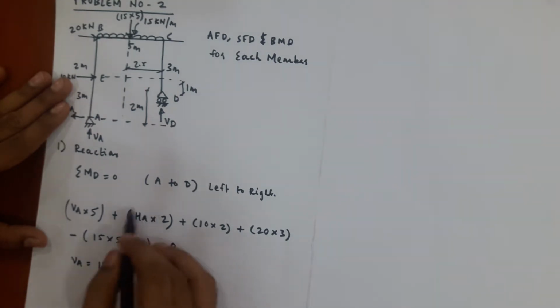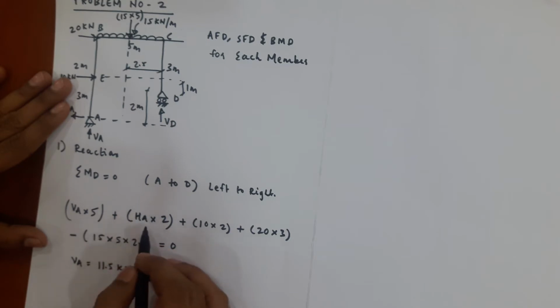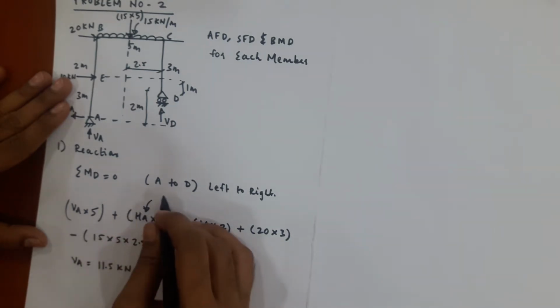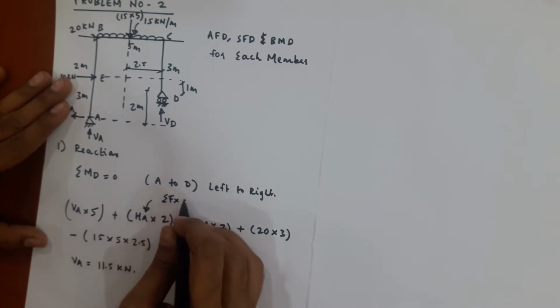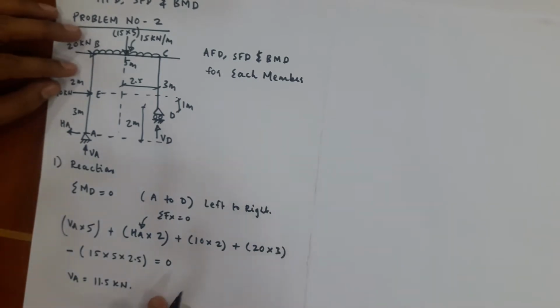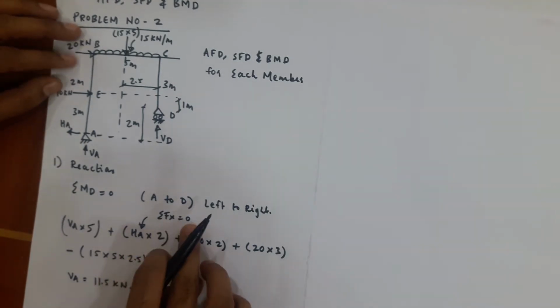First we need to find this HA. How to find this HA? You have to use summation of Fx equal to 0. All the forces along the horizontal direction are equal to 0.